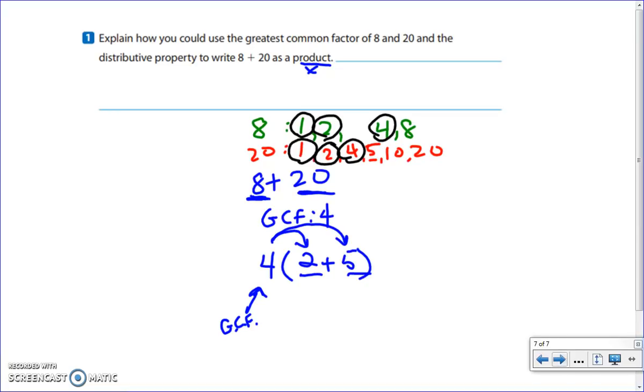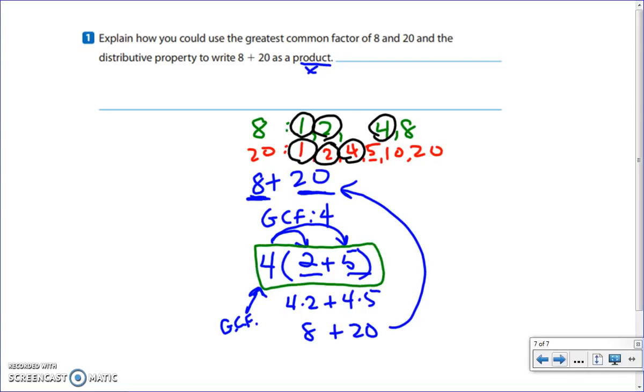Okay, if I distributed this, this would say 4 times 2 plus 4 times 5. This would say 8 plus 20, just like what we started with. Okay, this is how we would write it as a product. So in this case, this would be our solution. Our answer to the question, how would you write it as a product, would be just like that part in green.